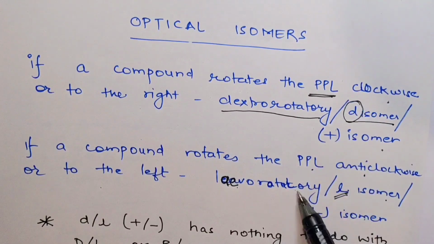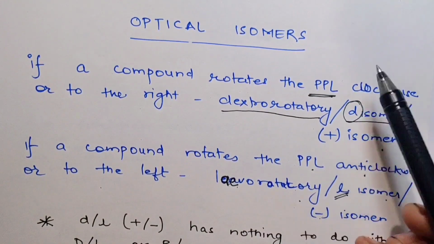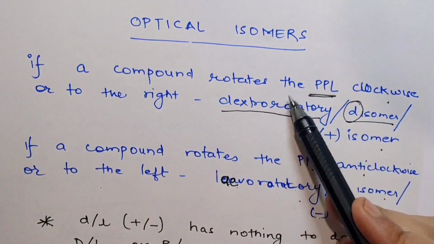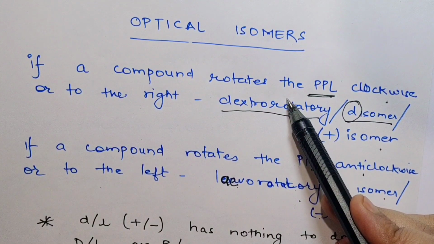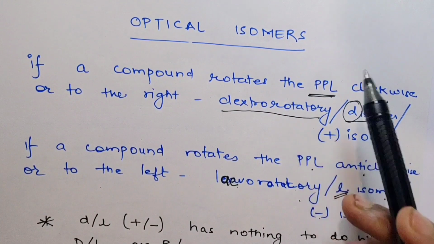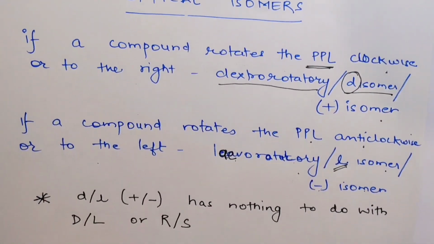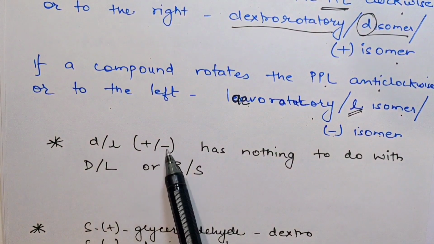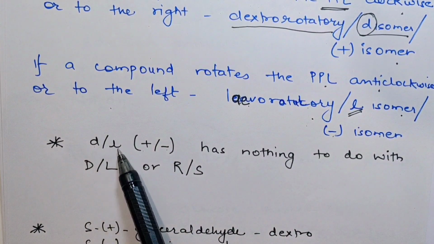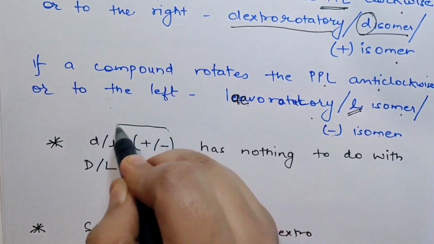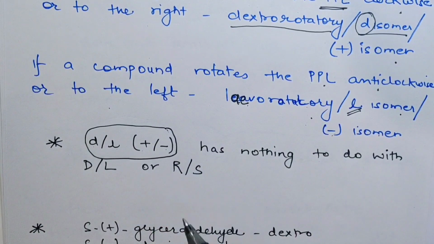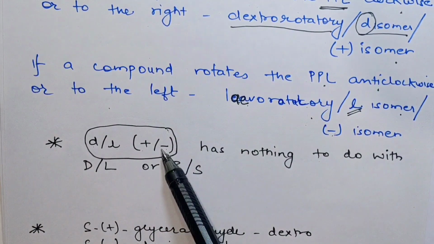I'm not taking this in too much detail because it is actually part of your haloalkanes and haloarenes chapter. But the important thing to remember here is that plus or minus, small d, small l, are the same thing. They tell you how the plane polarized light is rotated.